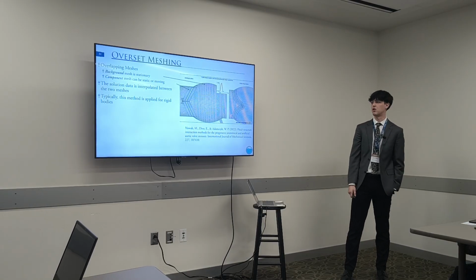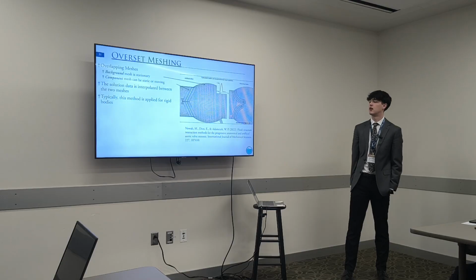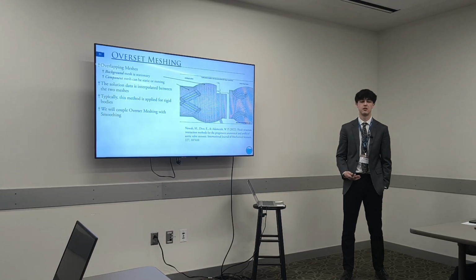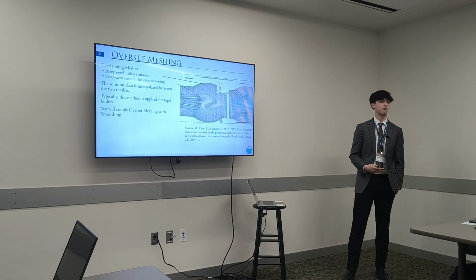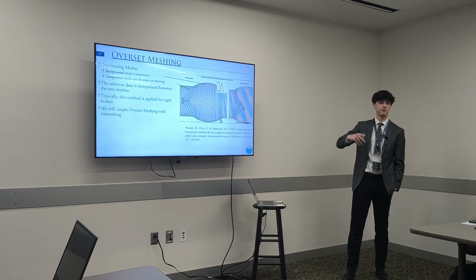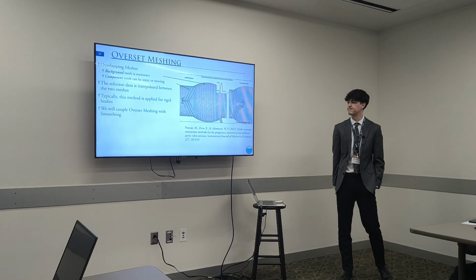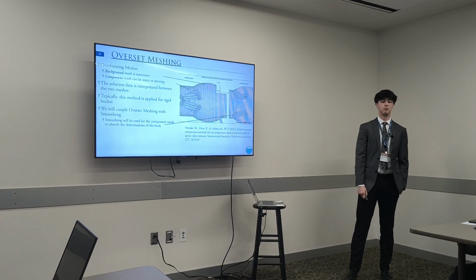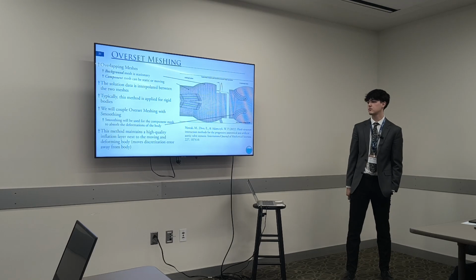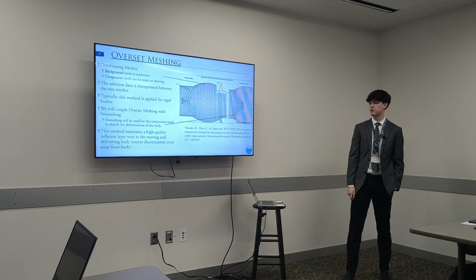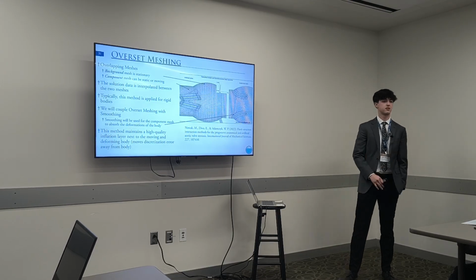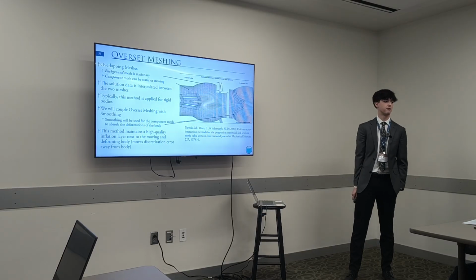Typically this method is applied to rigid bodies, as in the left diagram, but we can couple overset meshing with smoothing to allow for deformation as well. So we can again use smoothing for our component mesh, and this maintains a high quality inflation layer next to the moving and deforming body, and it moves discretization error away from that component mesh.